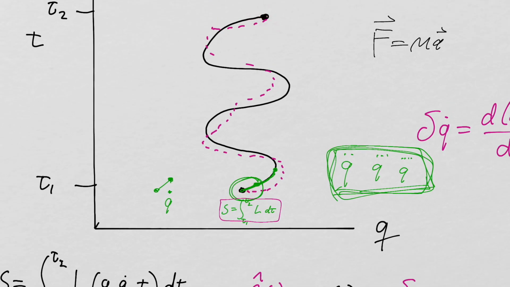I think the language I said was the varied path and the true path have to begin and end at the same point. And that would imply that somehow these 2 points are at the same location in Q or something. That's not the point. That's not the idea. The idea is that there's no variation between the varied path and the true path at the endpoints of the motion. Okay, that's what I'm trying to say.